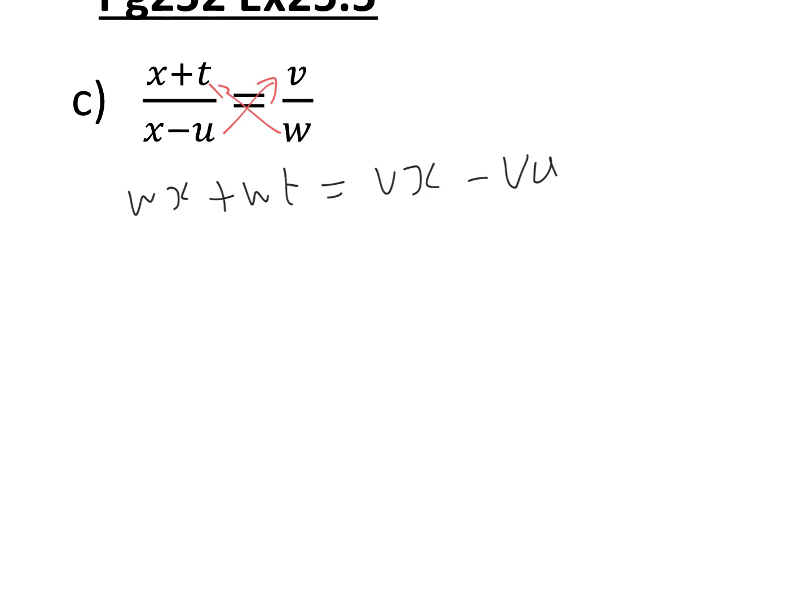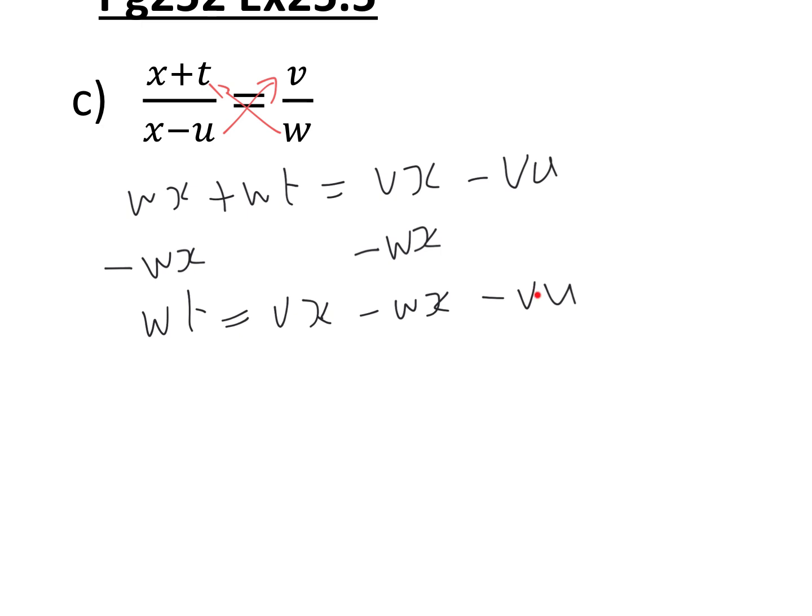It doesn't matter if you're confident with your negatives, but it maybe looks nicer if we take the x term off the left hand side, and we're left with wt equals vx minus, I'm going to put that wx in there, take it off, and then minus the vu.